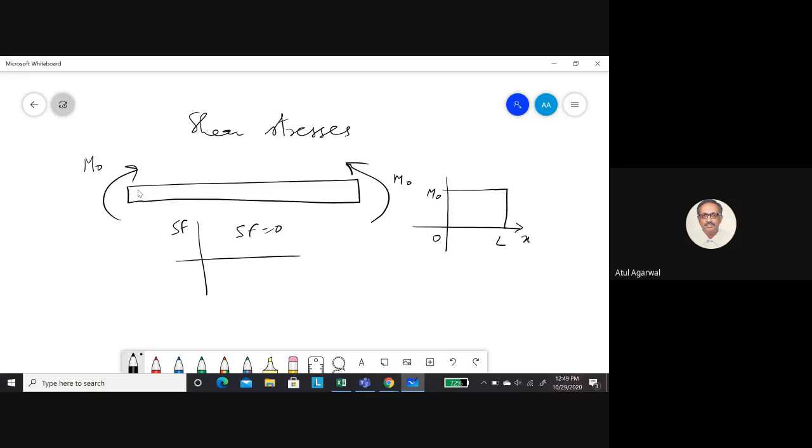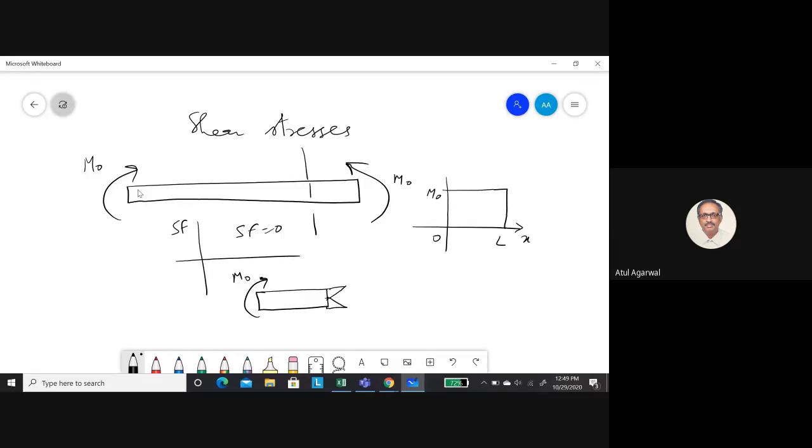Now, what is the meaning of shear force? You take any plane, so you draw a free body diagram. External movement is here. So here there is a 0 shear force. You have got only a movement, and the movement is generated by stresses, bending stresses.